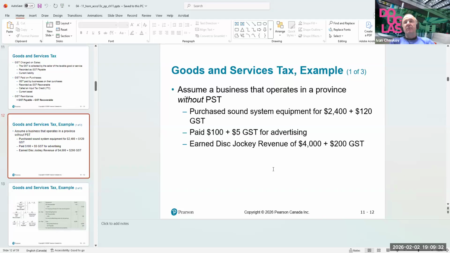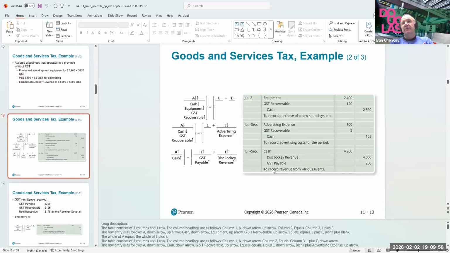Now, the example here was a business that operates in a province without PST, just to make it an example with the GST effect only. They purchase a sound system and pay GST. They pay for advertising and again pay the GST, and then sell the service and collect $200 GST. So what happened in the first one? They pay cash for the equipment plus the GST. They pay cash for the advertising expenses plus the GST.